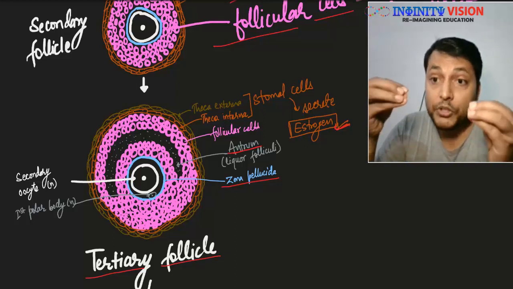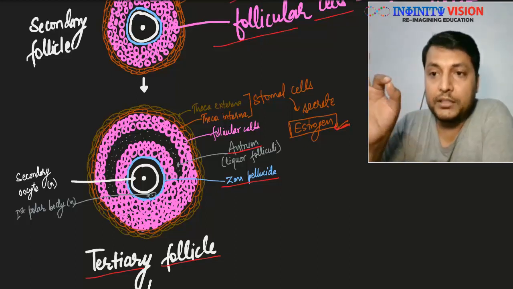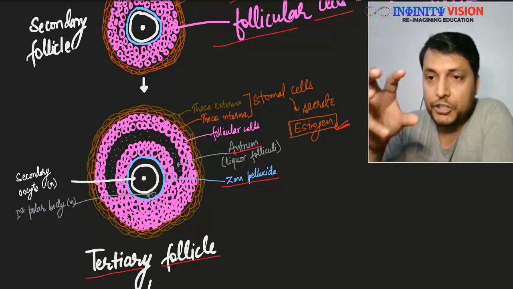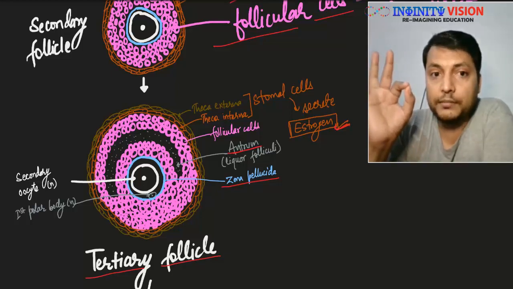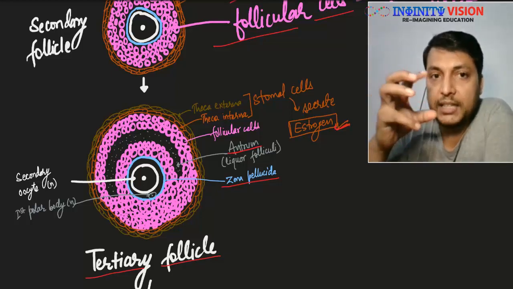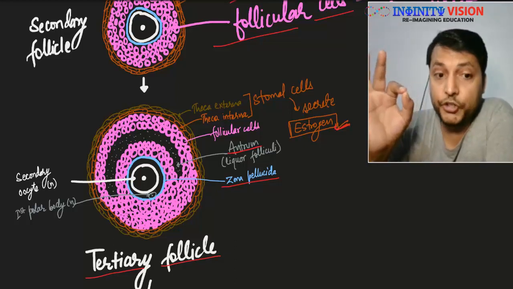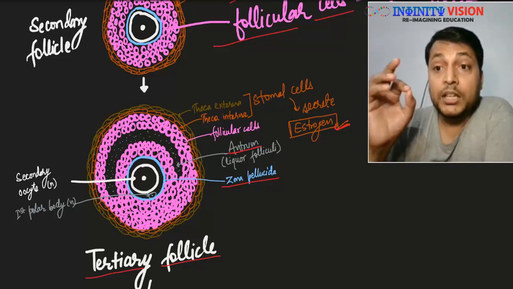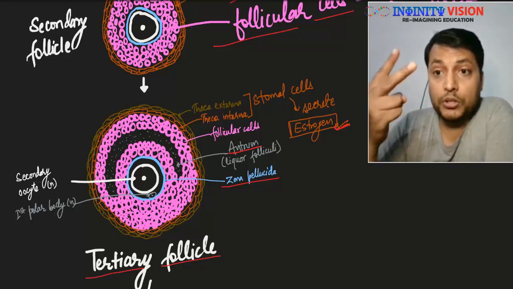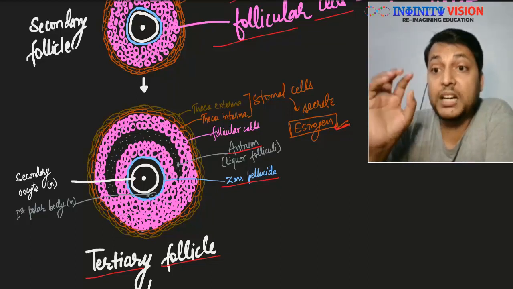Now, this meiosis 1, which is completed by the time the follicle becomes tertiary follicle, is not equal but unequal. So this meiosis 1 that takes place in oogenesis is an unequal division. Because of this, the two daughter cells formed are of unequal size.